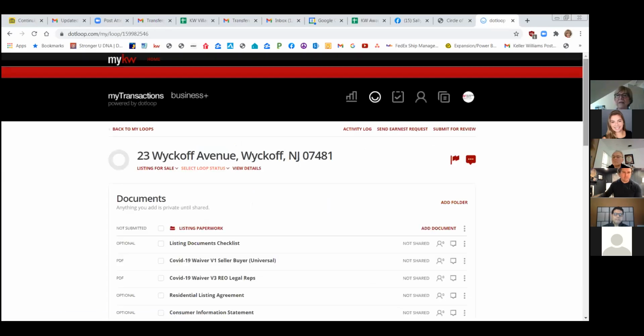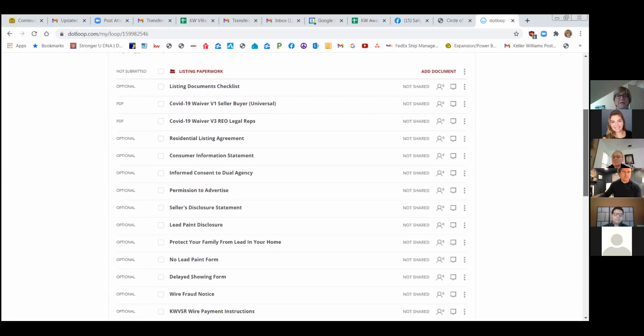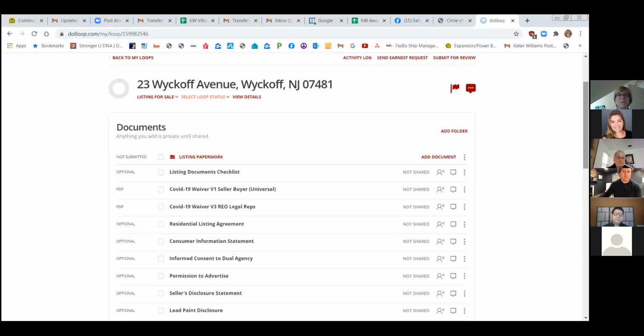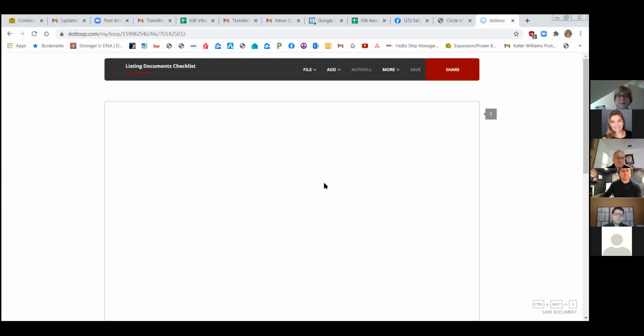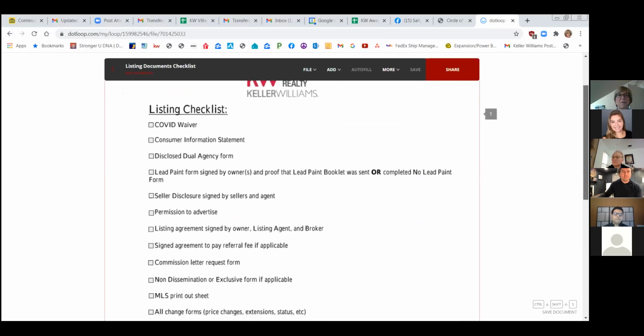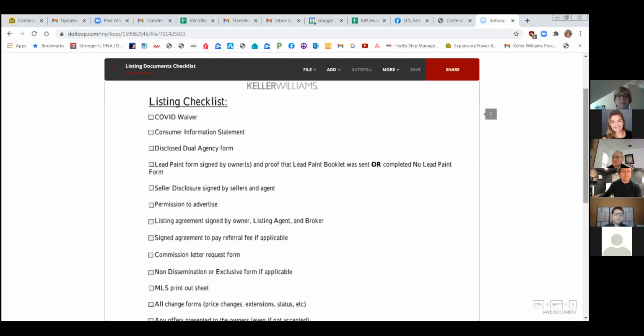And what you'll see is it's put our paperwork into the loop so that we know what we need to be using. And notice at the top of the page, there's something called a listing documents checklist. And you're going to see the forms that you need to have. So once you finish doing your forms, you're going to probably come back in here and say, okay, do I have the COVID waiver?